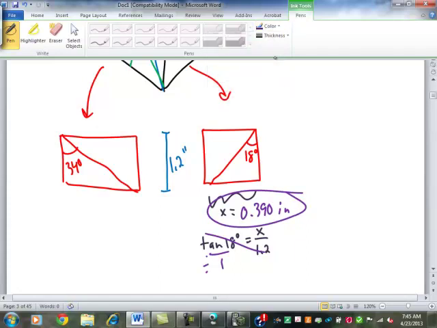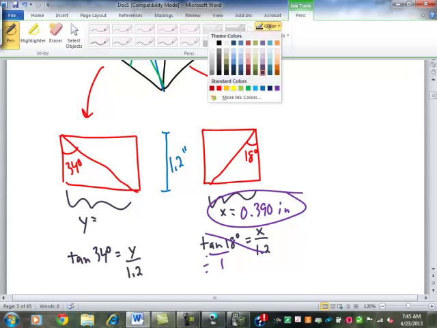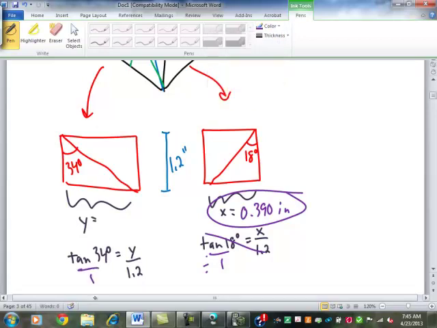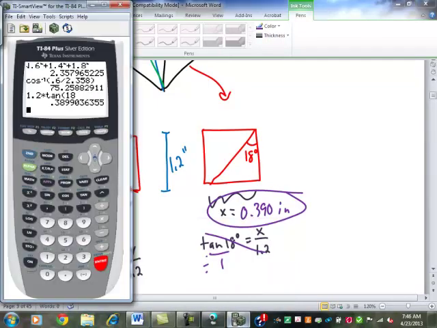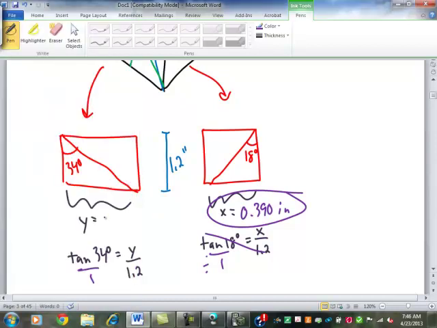So over here, finding that distance, if I call that Y, tangent of 34 degrees is going to equal Y over 1.2. Doing the same thing, putting that over 1 and cross multiplying and dividing, we get that Y is 1.2 times the tangent of 34, which gives 0.809.